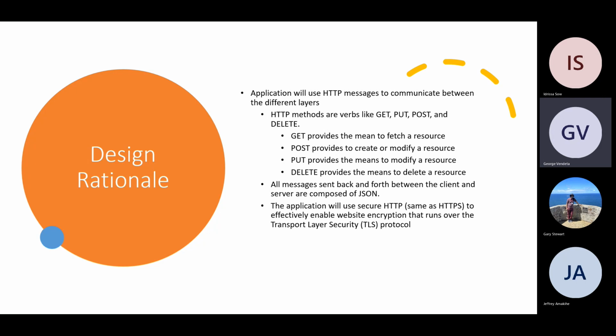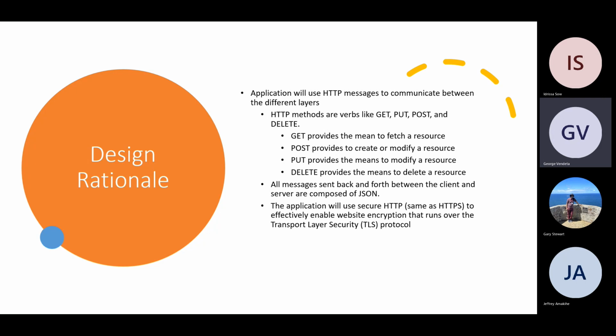Furthermore, the application will use HTTPS or HTTP messages to communicate between the different layers. HTTP methods are verbs like get, put, post, and delete. The get provides the means to fetch a resource. The post creates a resource. Put modifies a resource, and the delete is self-explanatory, it just deletes a resource.